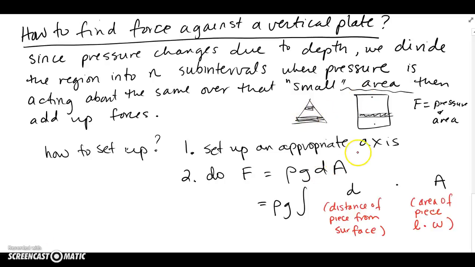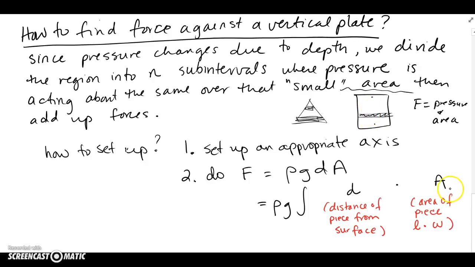So when we chop up the pieces and let n go to infinity, as you may have imagined, it turns into an integral. So I can pull out the constant and put it in front of the integral. And d will basically be the distance of that piece from the surface of the water. So if you're focusing on some general piece down here, what is the distance from the surface of the water? And your axes will help you figure that out.